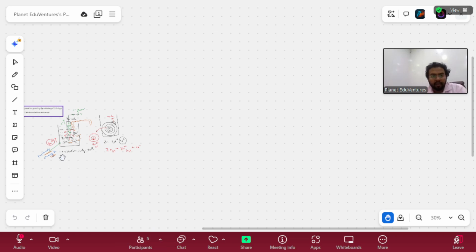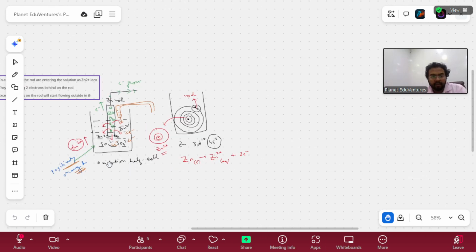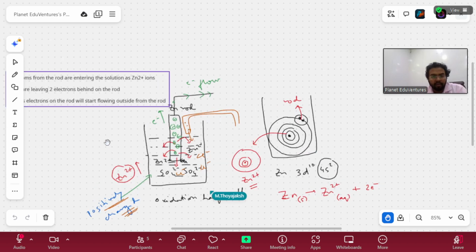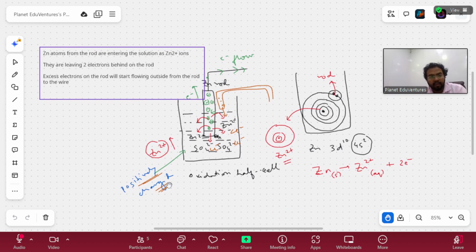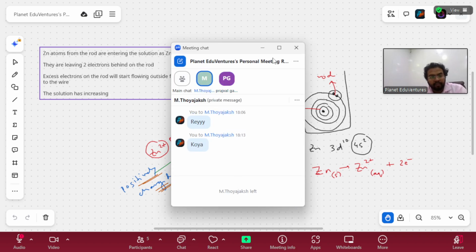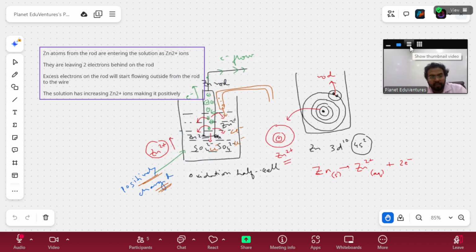Excess electrons on the rod will start flowing outside from the rod to the wire. Yes or no? All of you can write down these points. Now what will happen? The solution has increasing Zn2+ ions, making it positively charged.